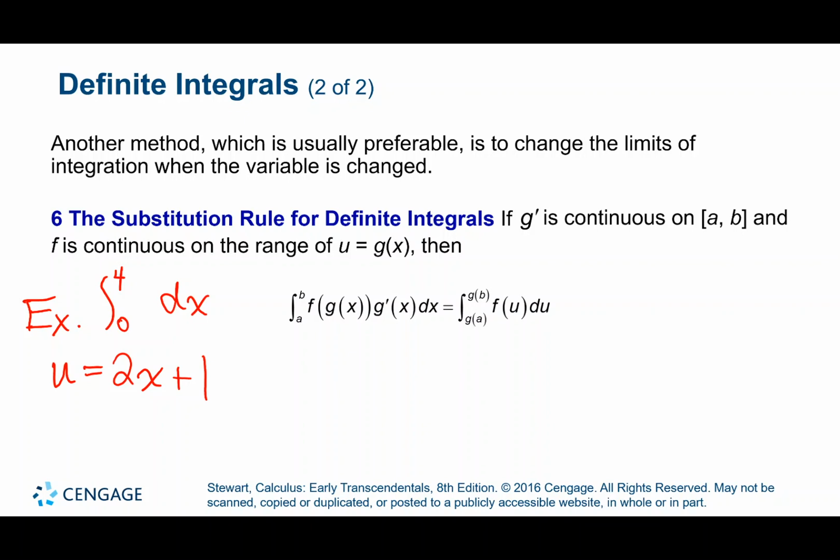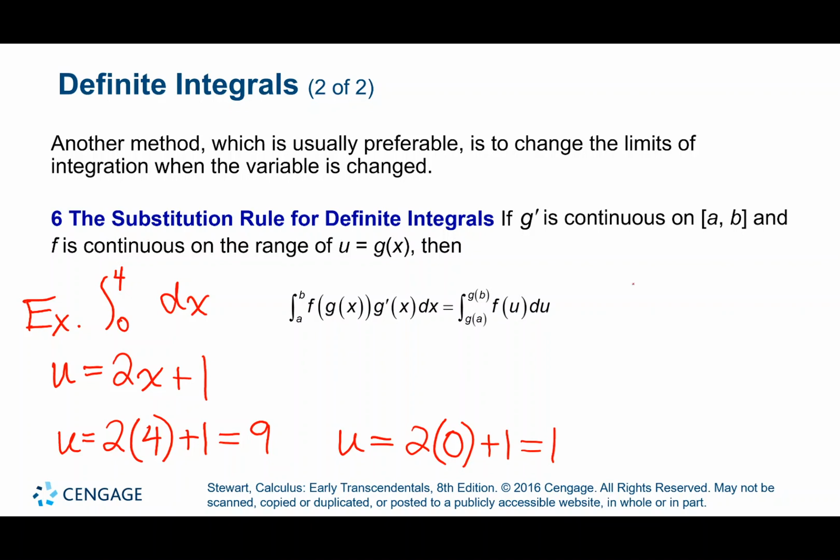But to figure out what they would be in terms of u, all we have to do is plug them in. In terms of u, our upper limit of integration would be 9. And if we wanted the lower limit, you just plug in 0 for x. We would get 1. Then we could rewrite this as the integral from 1 to 9 in terms of u.